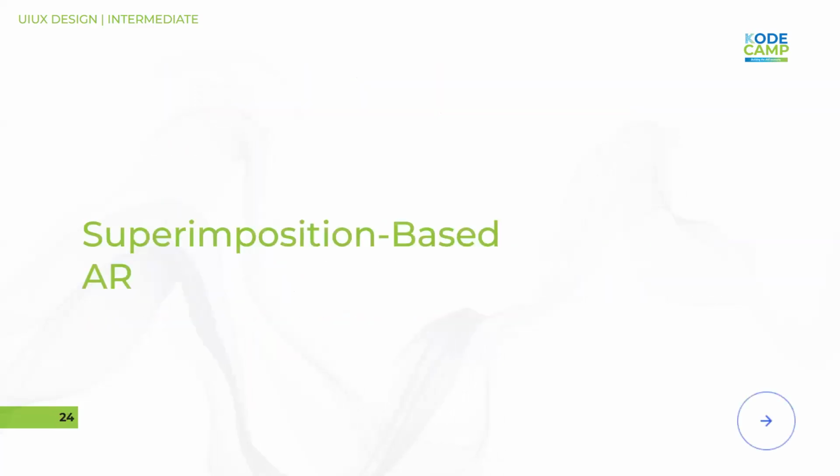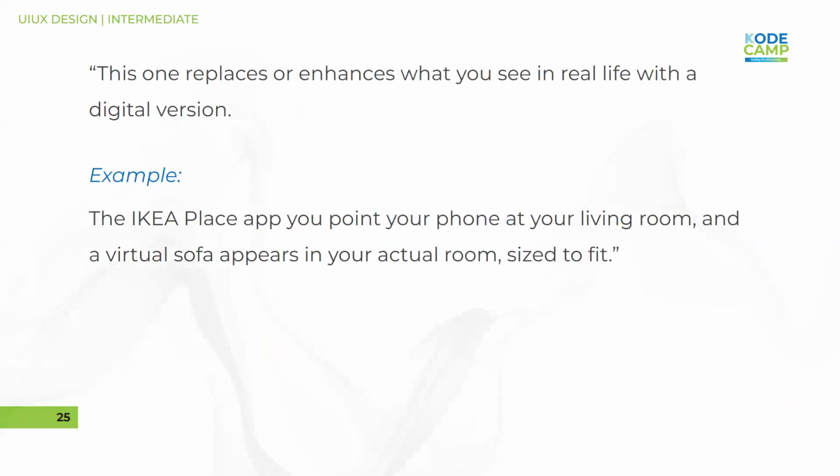We also have what we call superimposition-based AR. This one places or enhances what you see in real life with digital versions. Just as you talked about the IKEA Place app, if you point your phone at the living room, a virtual sofa appears in your actual room, and you can size it to fit. This helps when you want to purchase furniture.